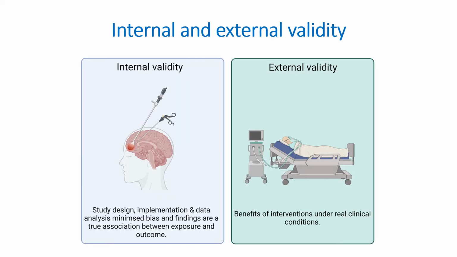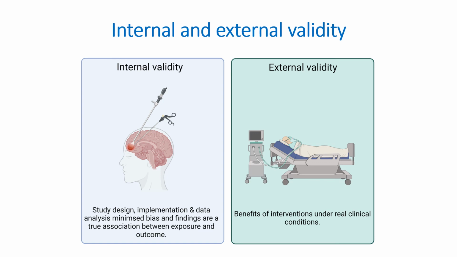Internal and external validity is also important. Internal validity is where you have a very well controlled study design, and the patients are chosen beforehand with criteria, whereas external validity is where you have a non-homogeneous population under real clinical conditions.